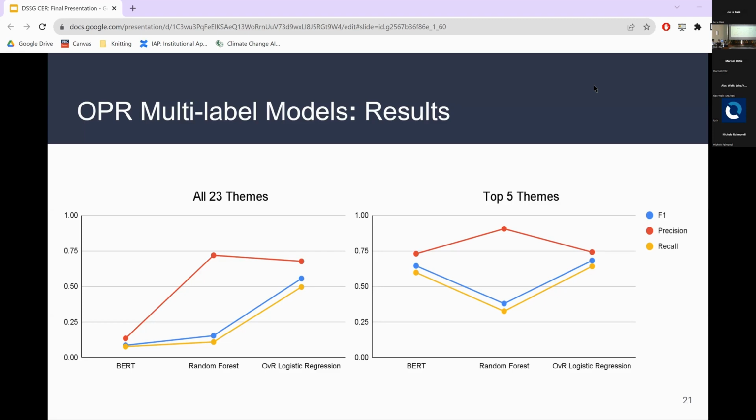We can see that Bert has pretty poor metrics for this, but moving to the top 5 most frequent themes, we can see that Bert does a lot better and is almost comparable to our logistic regression. But overall, we can see that our models don't do too well with the OPR data.